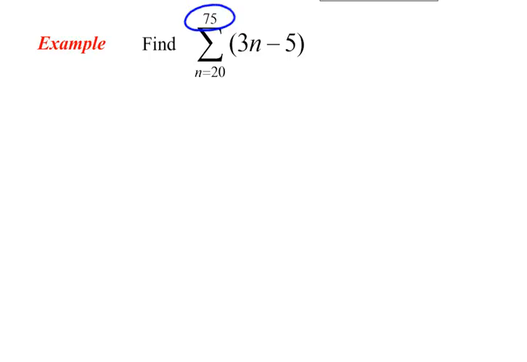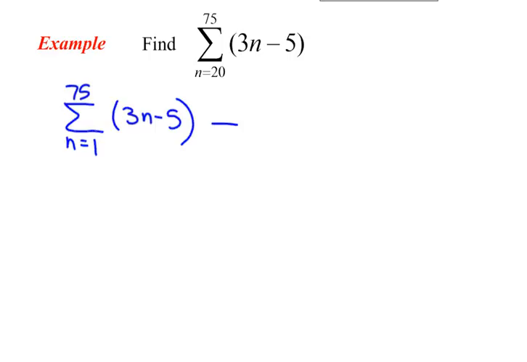All the other problems that we've done in the last lesson asked us for like the first 6 terms or the first 5 terms, where we could find those terms and just add them together. But this is a lot more. So how do we do this? Well, we're going to take the sum of all 75 terms of 3n minus 5.